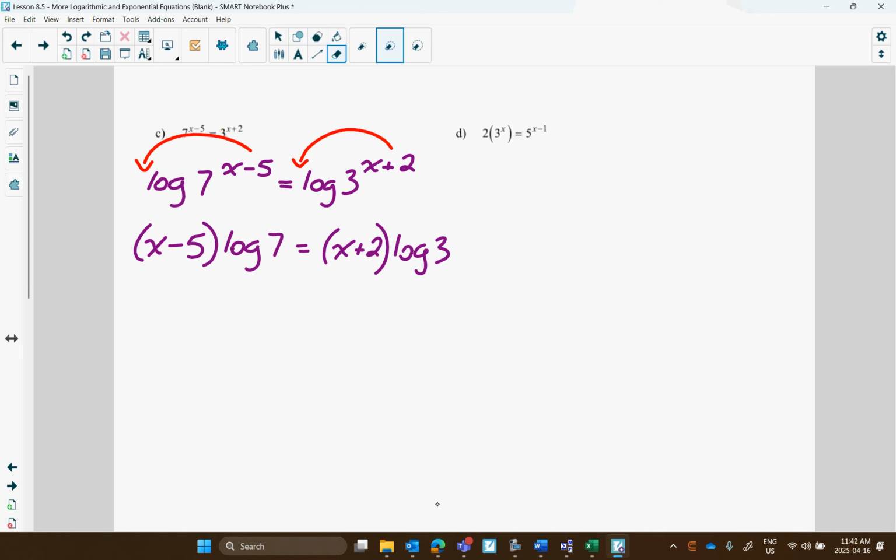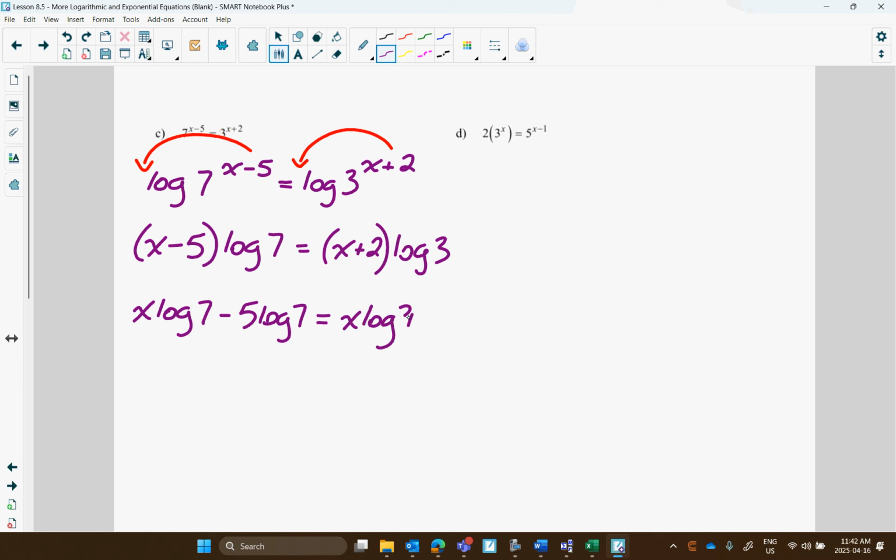What's next? Distribute, or multiply through. So x log 7 minus 5 log 7 equals x log 3 plus 2 log 3.